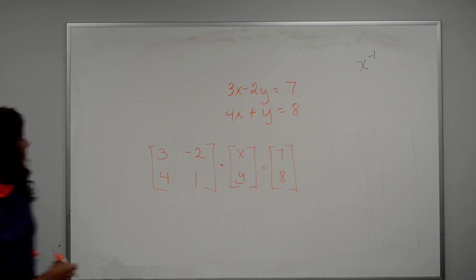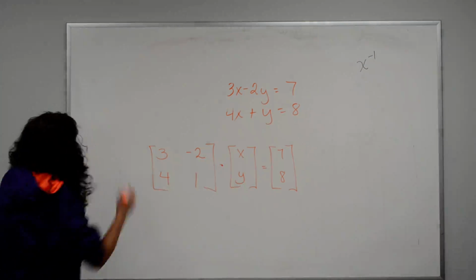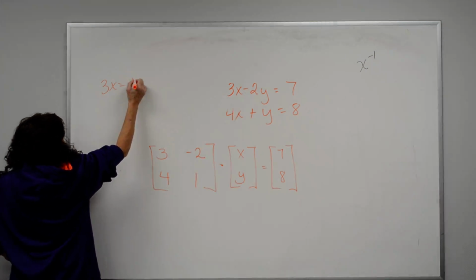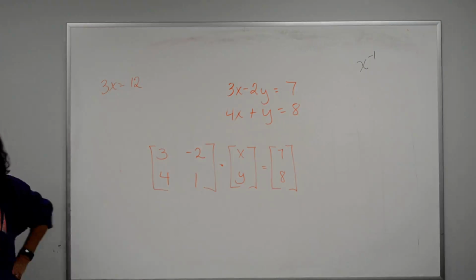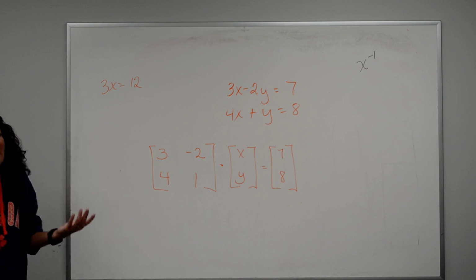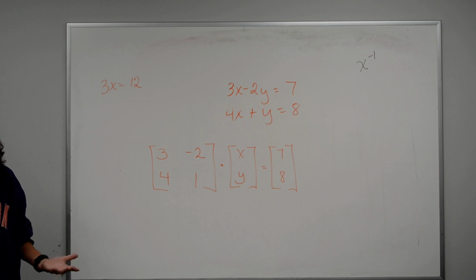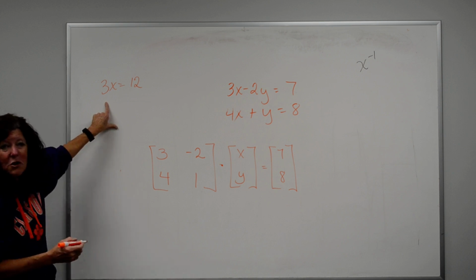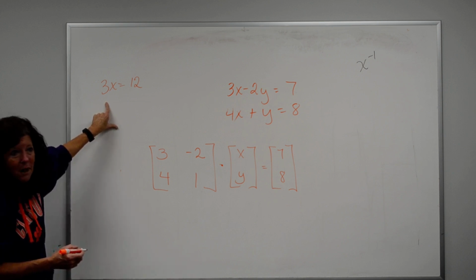Okay, now, how do I solve it? Remember this? What did I do? I divided. Well, I can't really divide by a matrix. Multiplied by the inverse. That's the same thing I could have done right here, because remember, when you divide, you invert and multiply.